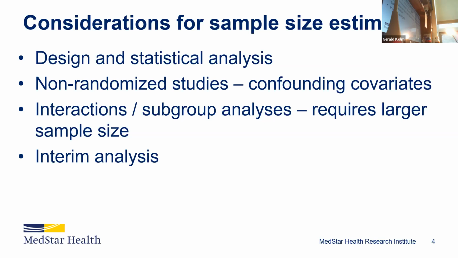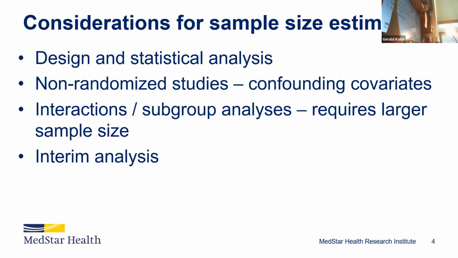Okay, so for estimating sample size, obviously we need to know the design and then what the statistical analysis is going to be based on that design. So we're going to need to know outcome variables. In the case of non-randomized studies, you might have a number of covariates that could be confounding, and so you may need to consider those and take those into account in determining sample size.